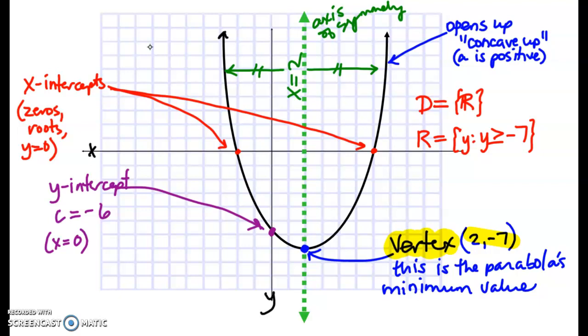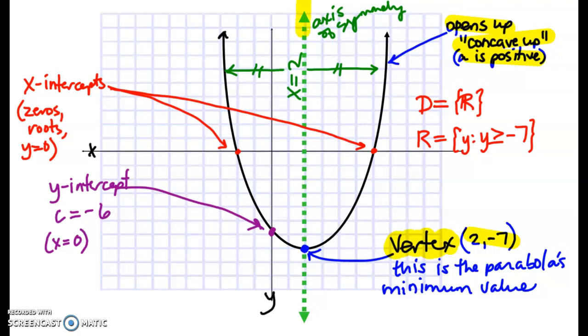Okay, we also know that this parabola opens upward. We can see that just from looking at it. The mouth of the parabola is facing up. Therefore, we know that the a value of its equation must be a positive value. Another word for opening up is concave up.